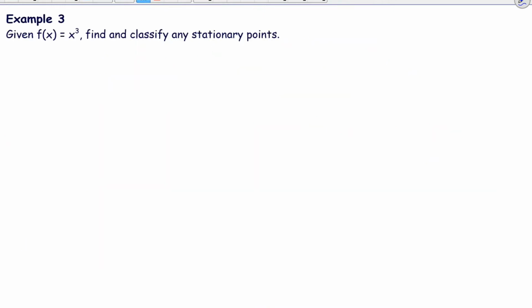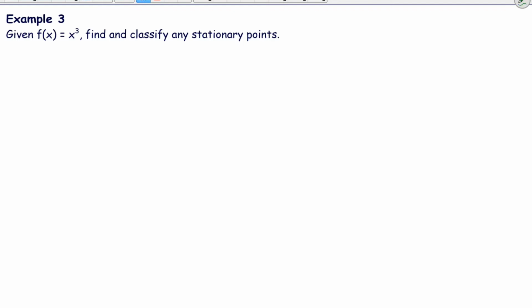Here's another example. Given that f of x equals x cubed, find and classify any stationary point. So the first step again is to determine the derivative.